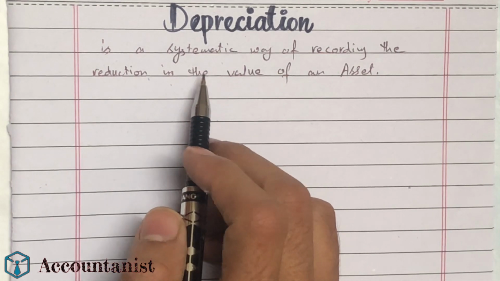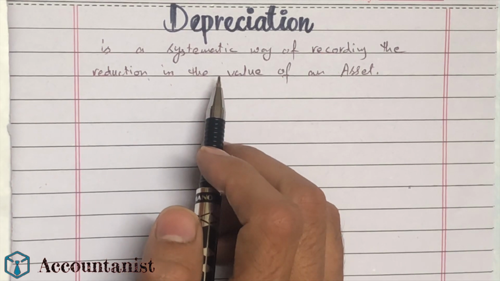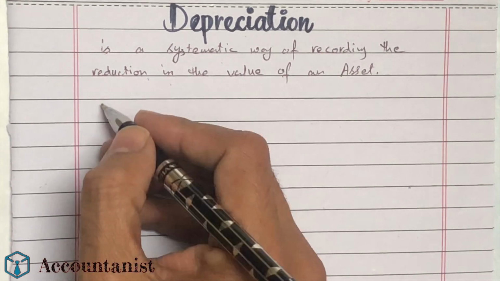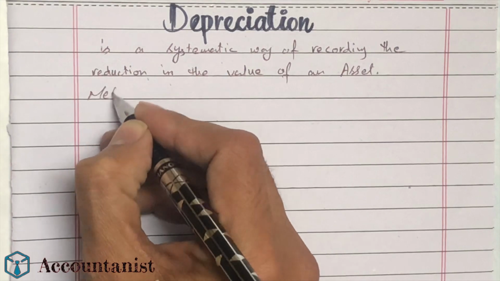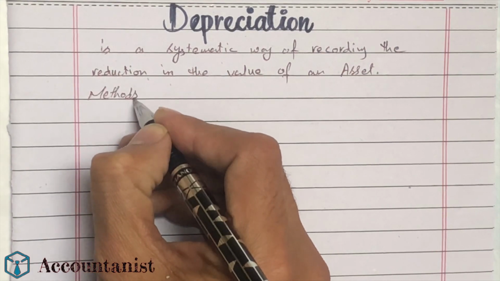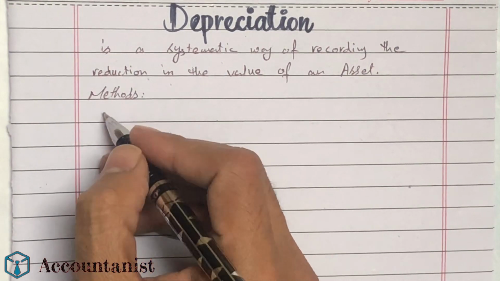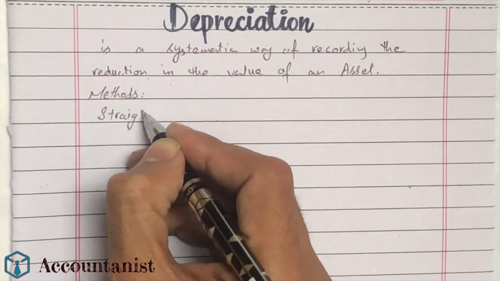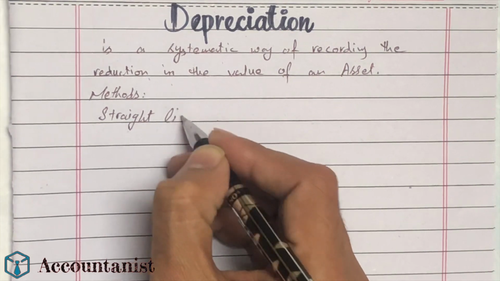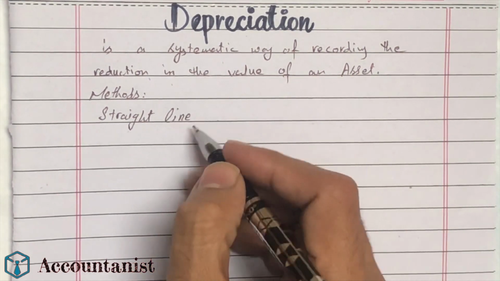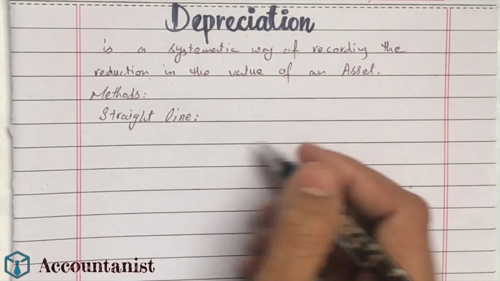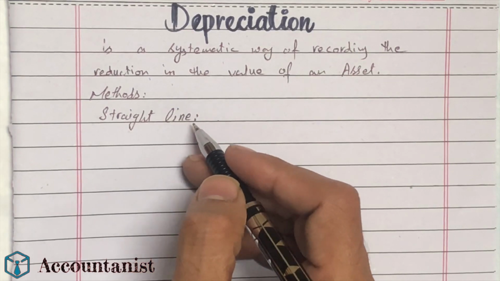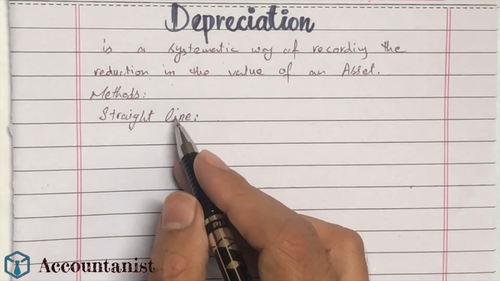So now, how many ways do we have to record depreciation? We have different methods. The first one is the straight line method, in which we calculate the depreciation in two ways.